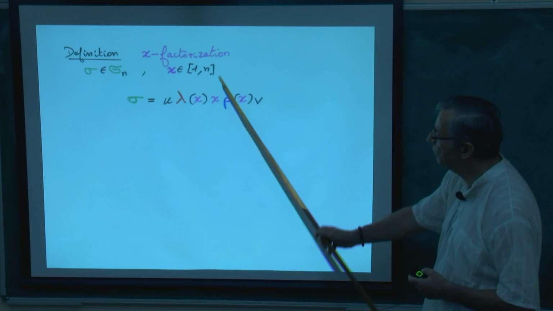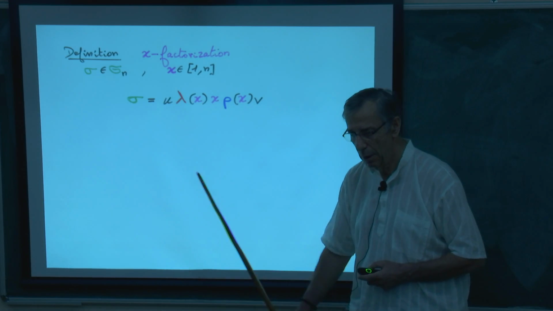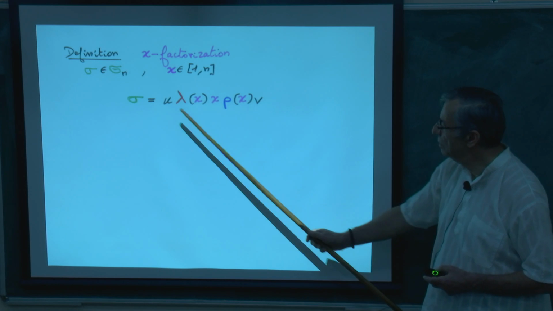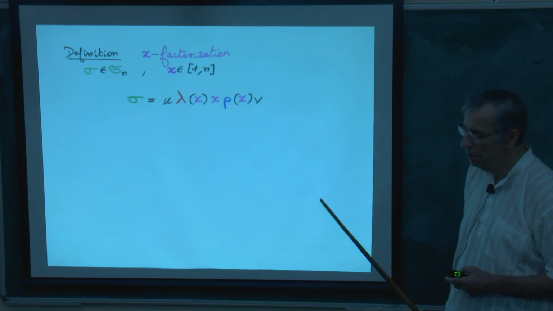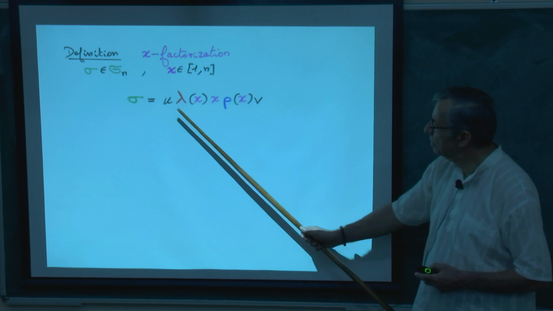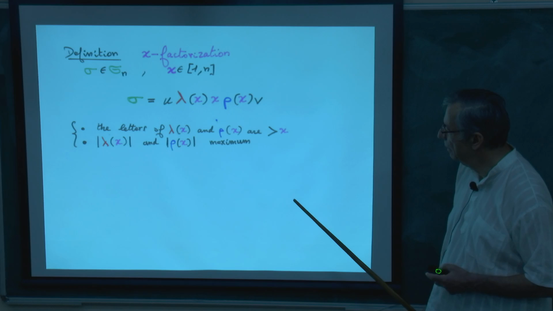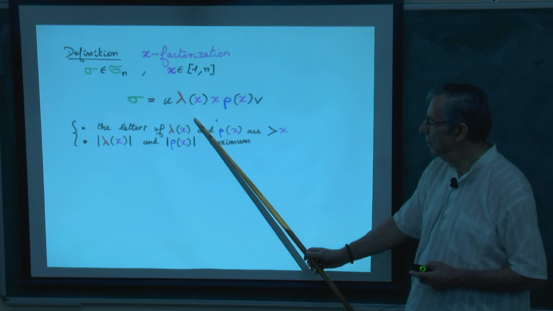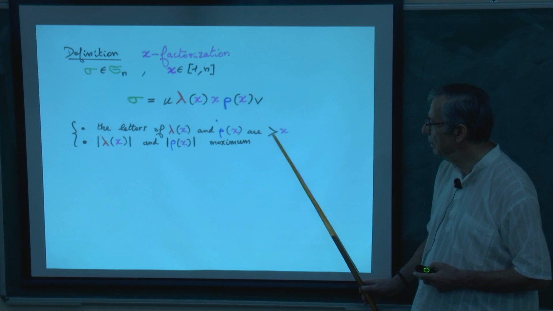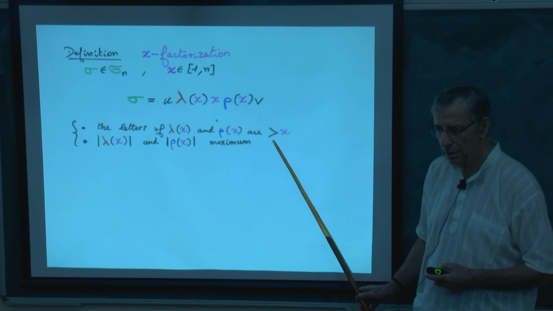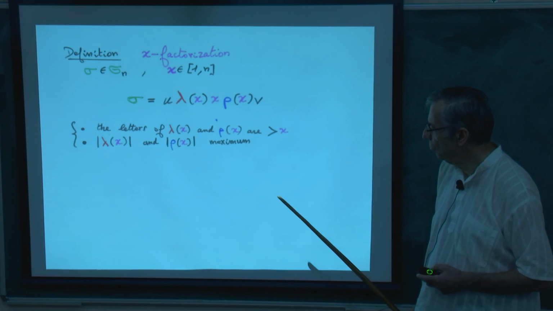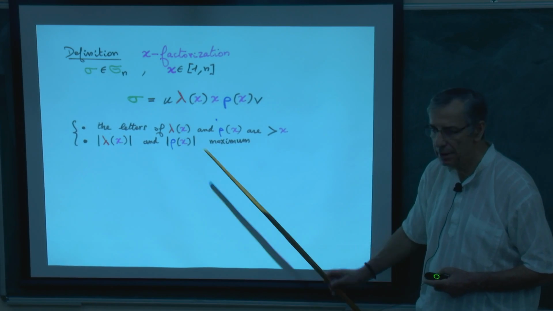I take the X-factorization of a permutation or a word. It is a unique factorization like this, so your word is split into 5 possible parts. The letters of lambda of X and rho of X are all strictly bigger than X, and the lengths of these two words are maximum.